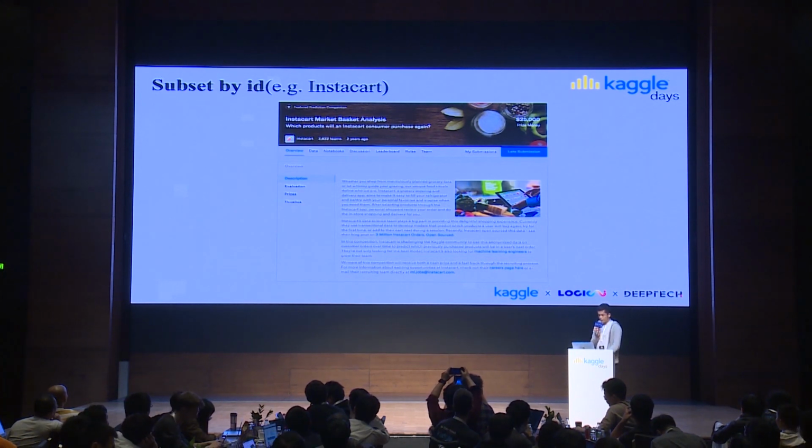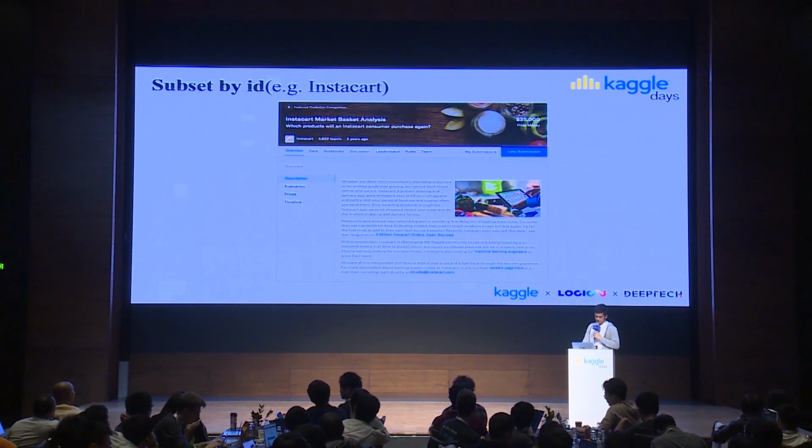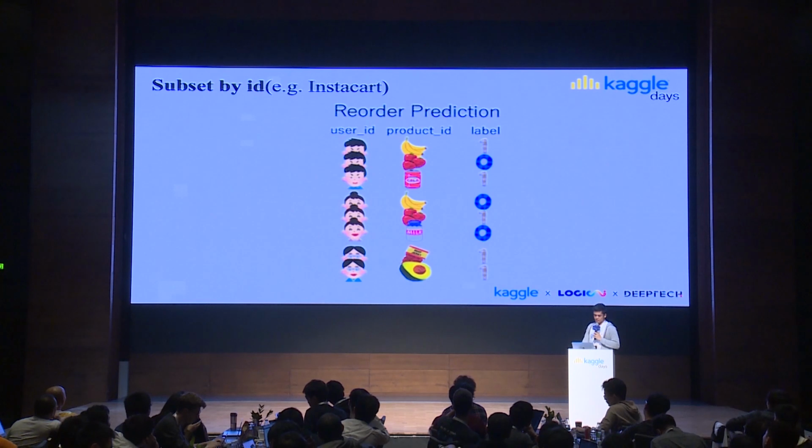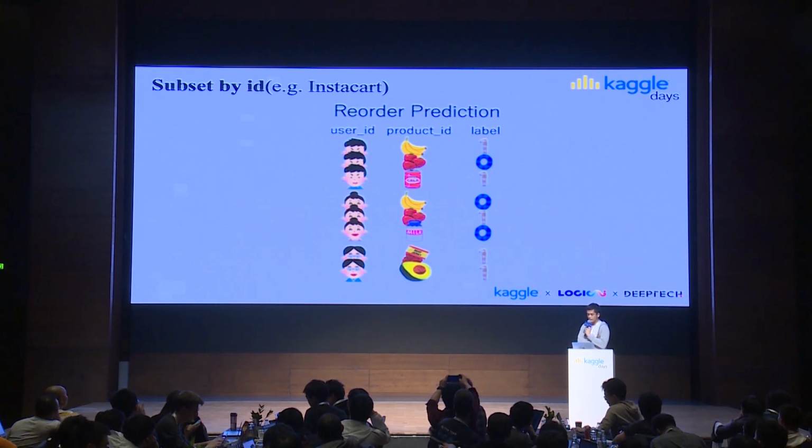Okay, I will introduce my next technique: subset by ID. This example is from Instacart. In this competition, we have to predict which grocery products an Instacart consumer will purchase again and when.